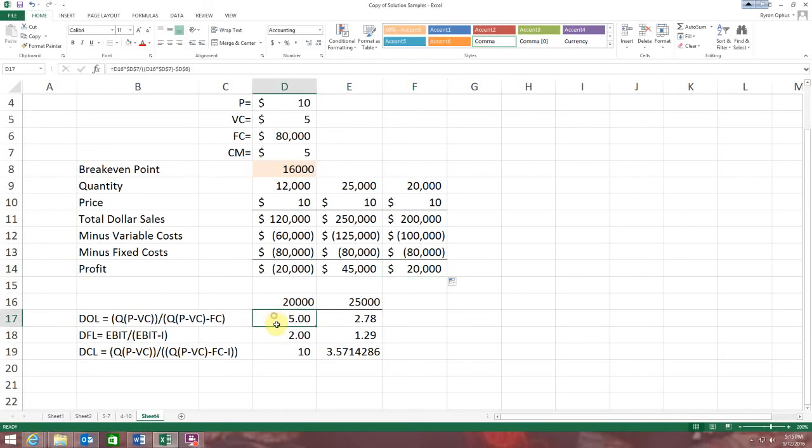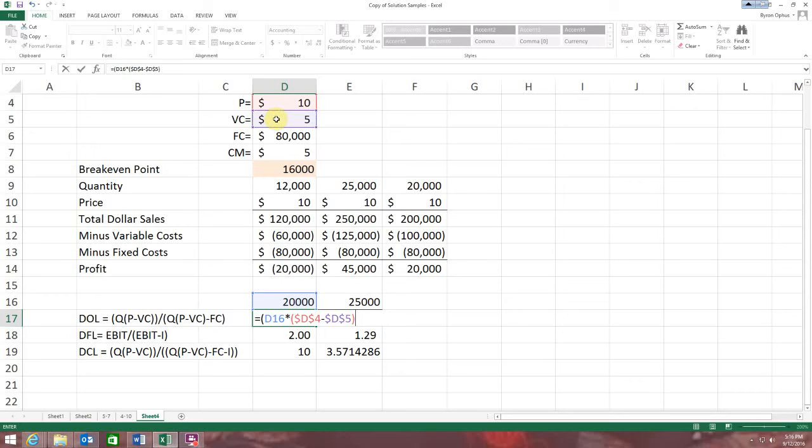Oh well. Okay, so a degree of operating leverage, and again, if you wanted to, you could divide these formulas up, but I've got it's equal to parentheses my quantity, and this is for 20,000. Okay, so my quantity times my price, so I'll put the dollar signs, minus my variable cost, make that a dollar sign.